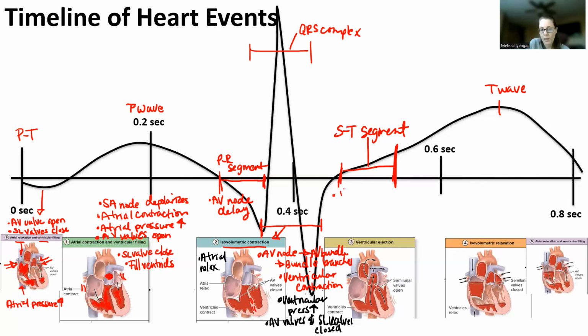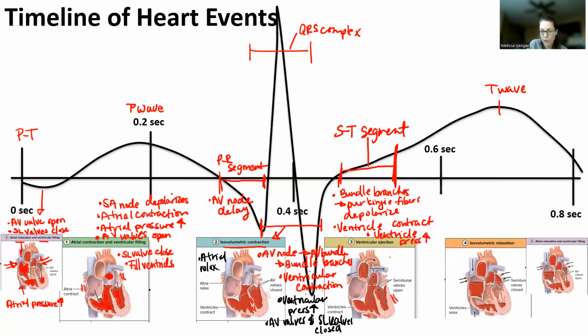What that means is my bundle branches to my Purkinje fibers depolarize. Okay, and as that depolarization happens, my ventricle contracts. And as my ventricle contracts more, my pressure increases. Because essentially you're contracting this outer wall.